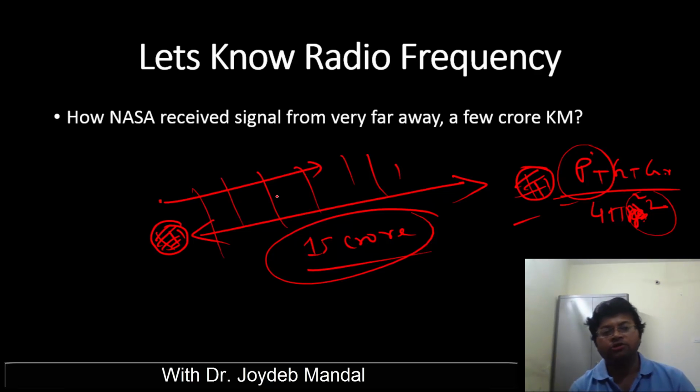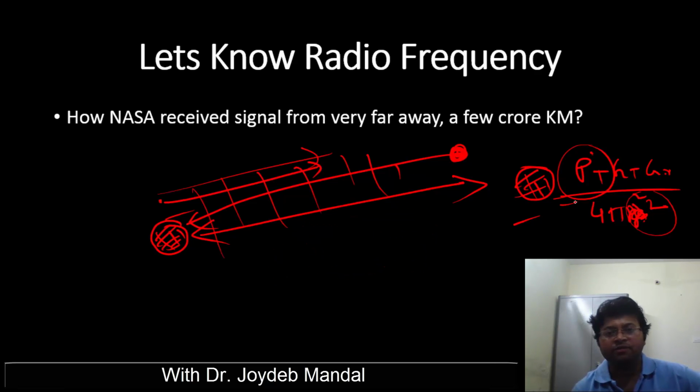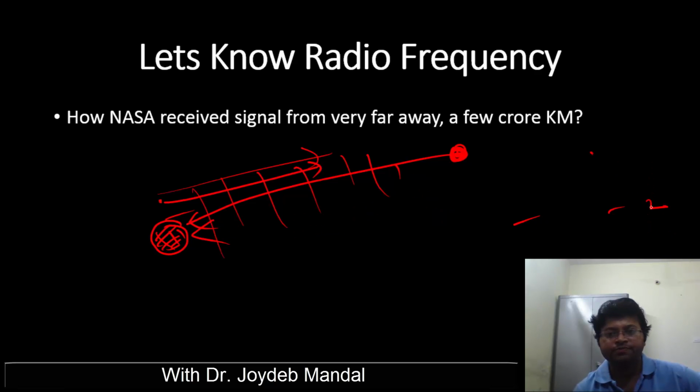So with the total path loss in this figure, NASA would have to send a few megawatts of power. That much power is impossible to send from here. Suppose there is a satellite they send there, how will they receive the data here? Because after path loss it will be almost zero. Then there are two ways: you have to increase your transmit power to reduce the path loss.